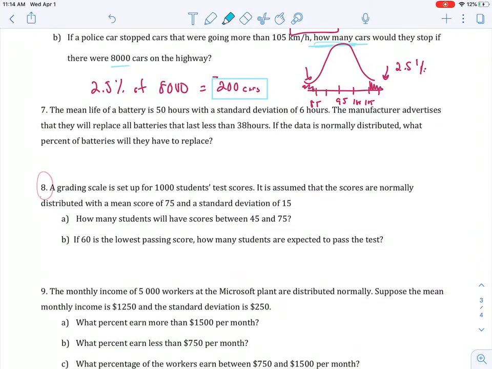Okay, number 8. The grading scale is set up for 1,000 students' test scores. It's assumed that they are normally distributed with a mean 75, standard deviation 15. How many students will have scores between 45 and 75? I draw my little picture.